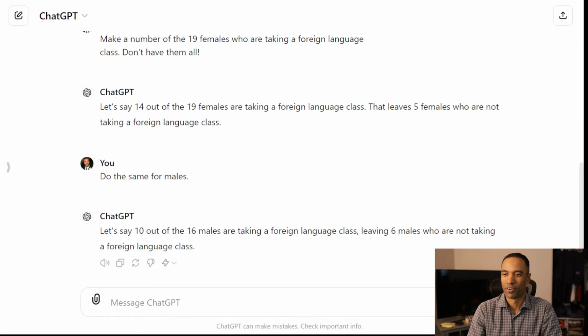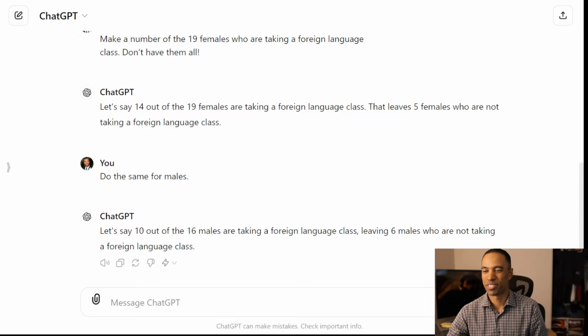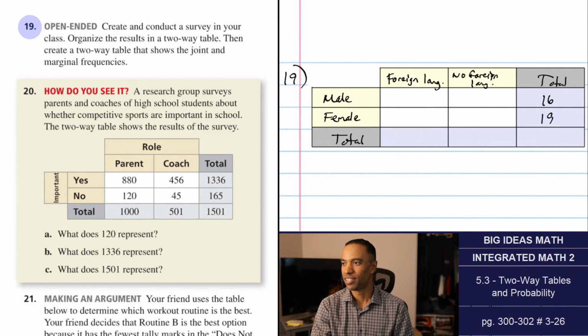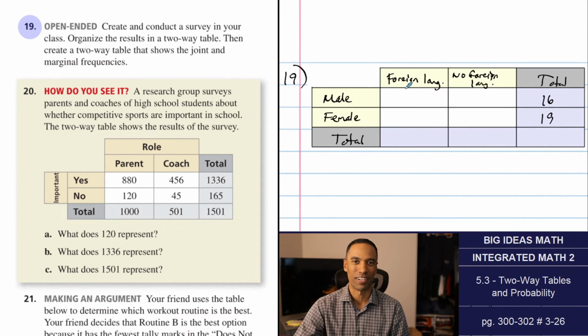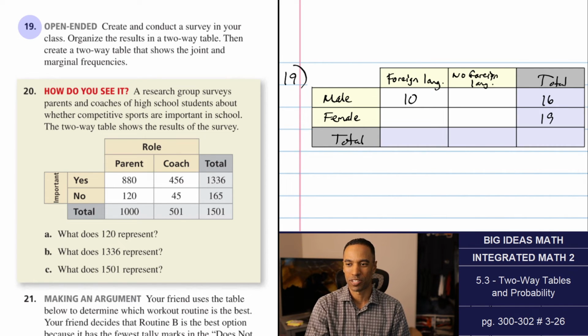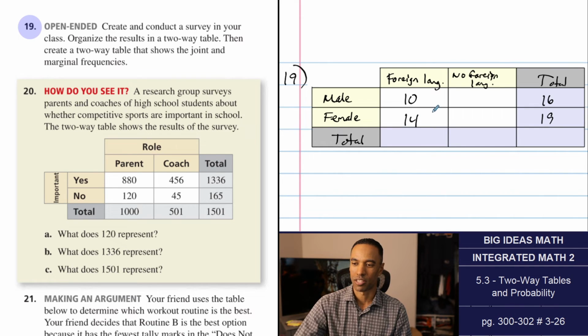That was an ordeal. So 16 males, 19 females. That's what I'm putting here. And then they said 10 males are taking the foreign language, and 14 females are taking a foreign language class.